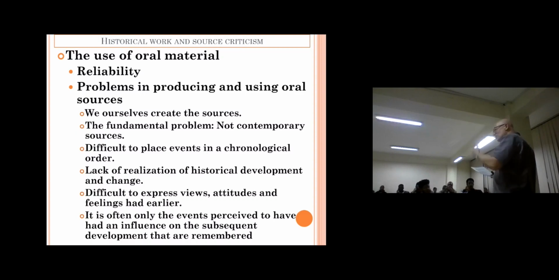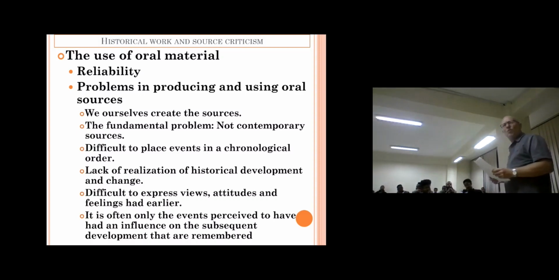He could recall details about what had happened 50 years ago. I took the minutes and showed him, you said this and this. He couldn't remember anything. And then I thought, why is it so? That is exactly an example of how what we don't think has had any influence, we tend to forget.